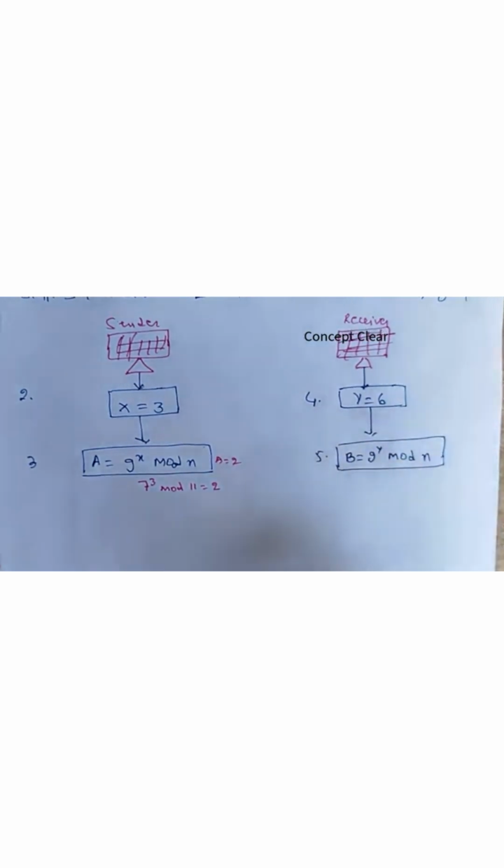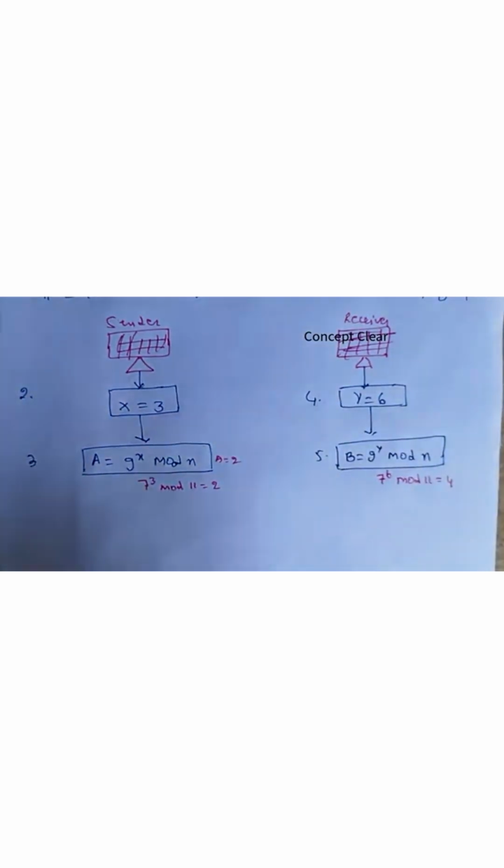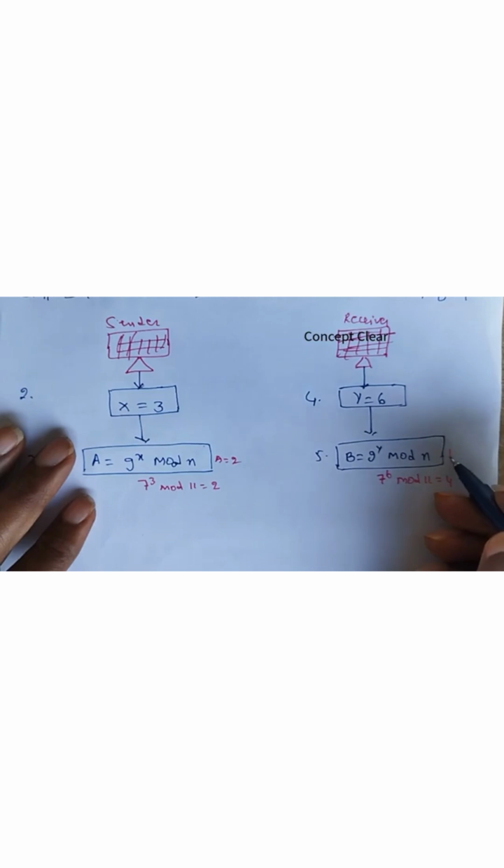If we calculate, the value is 7 power 6 mod 11, that equals 4. Okay, here a equals 2, b equals 4.